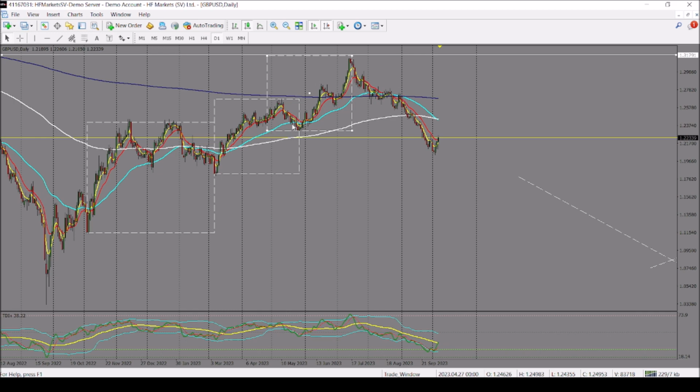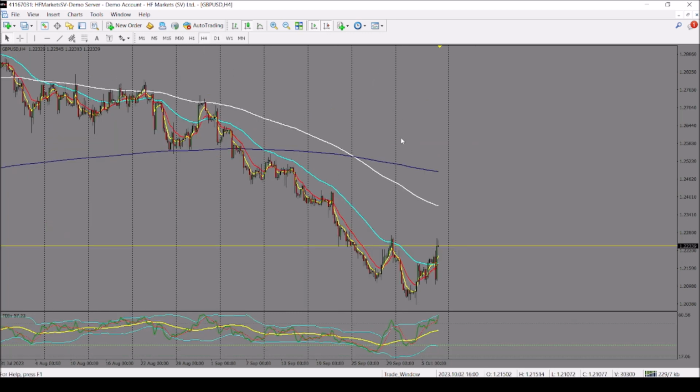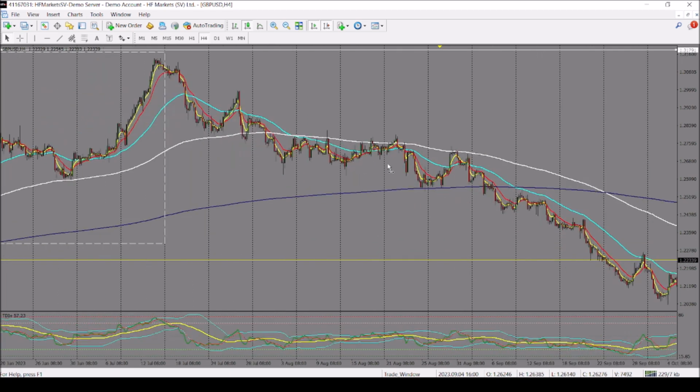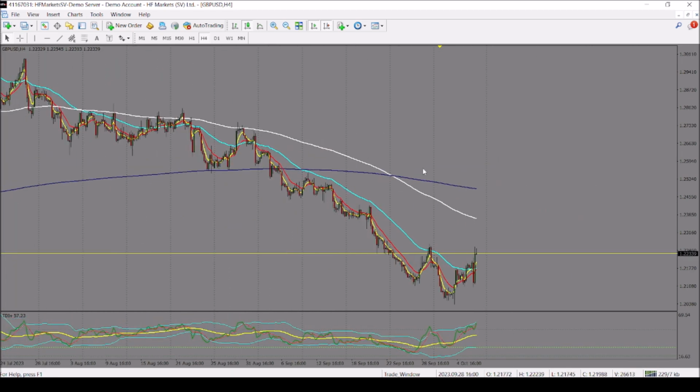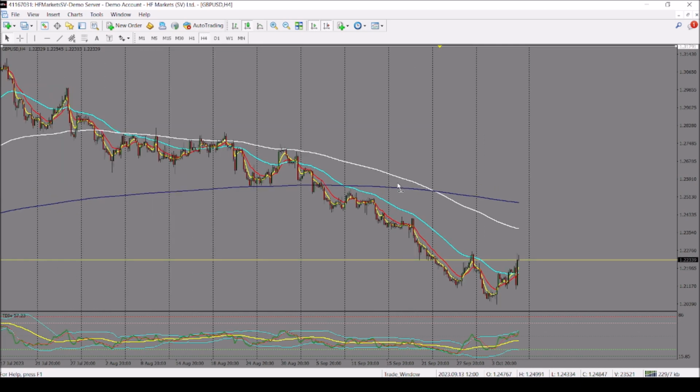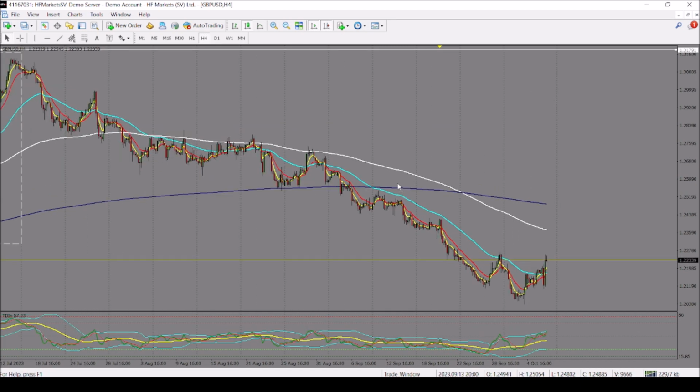However, the market did otherwise. That is why I've said we always work on probability. So the market is in a downward move, as we've seen on the higher time frames, and whilst on that downward move, if we go to the H4 time frame, counting levels, we can see that a cycle was completed.